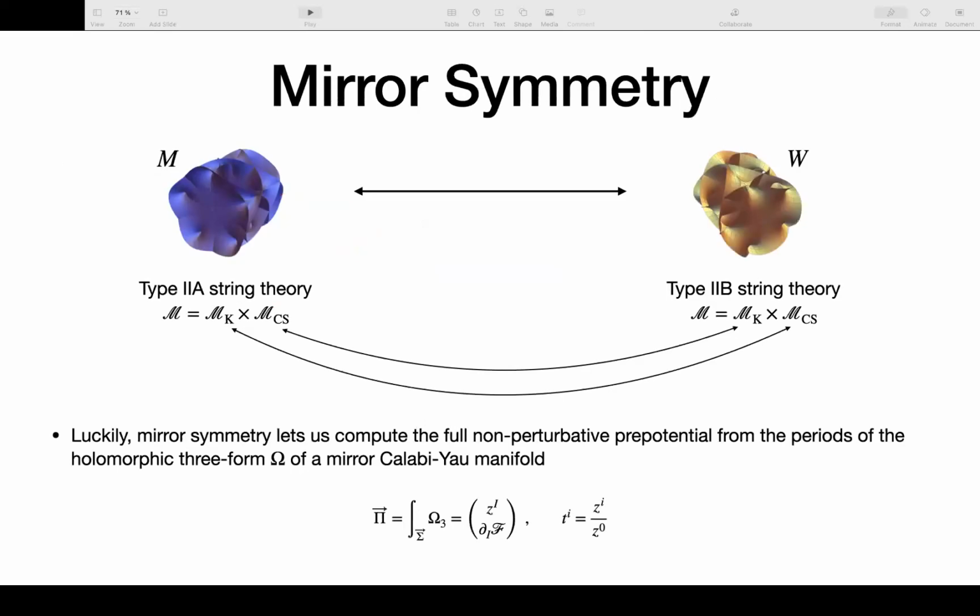Of course, mirror symmetry comes to the rescue, and we compute everything exactly in the mirror compactification of type 2B. And there we can compute the full non-perturbative prepotential, at least in principle, from the periods of the holomorphic 3-form of the mirror Calabi-Yau.